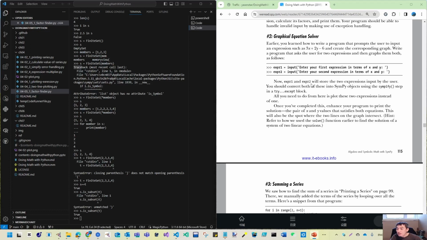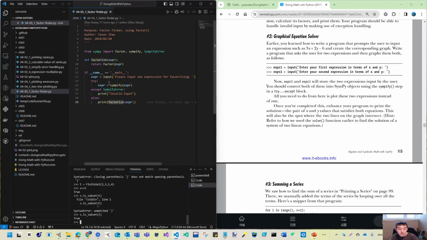Now expression 1 and 2 store the two expressions, and then we can convert those into simple objects using simplify. Then we use a try-except block, which we have learned already. So we start from this as the base, and from here we need to plot these two expressions instead of one.